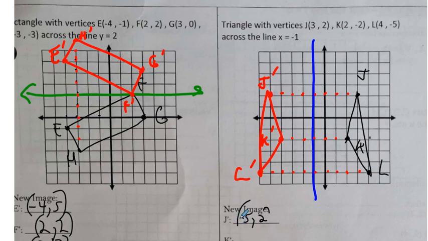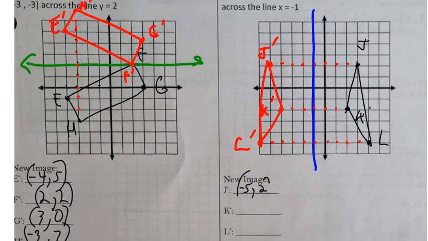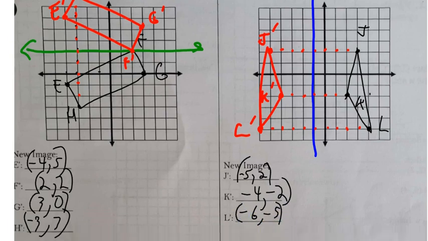Now K prime is 1, 2, 3, 4, so -4, -2. And L prime is at 1, 2, 3, 4, 5, 6. -6, -5. Almost finished.